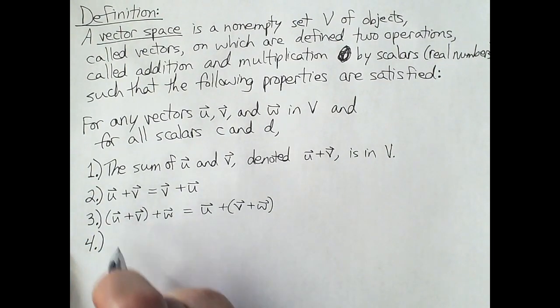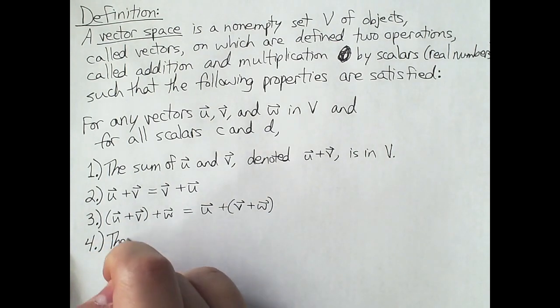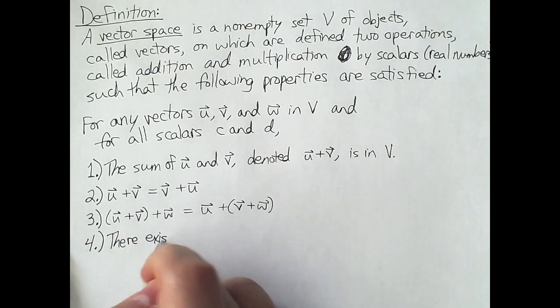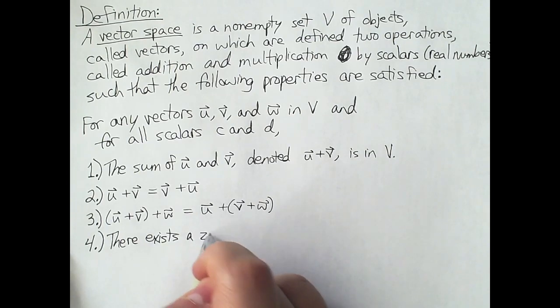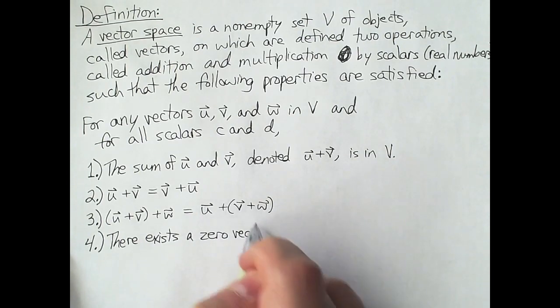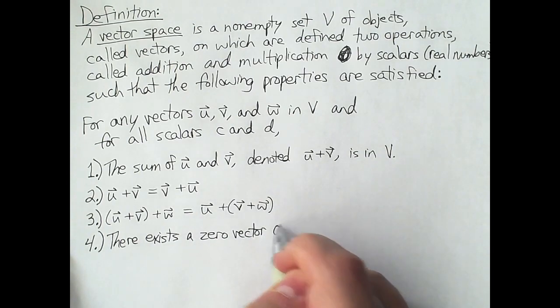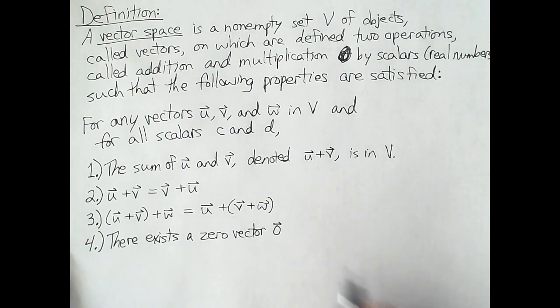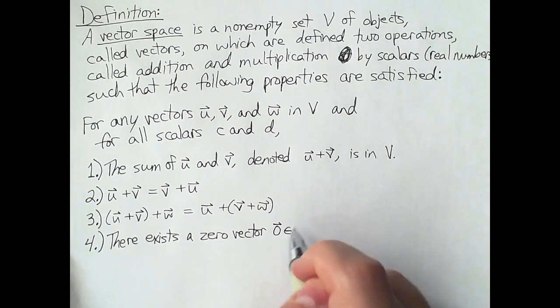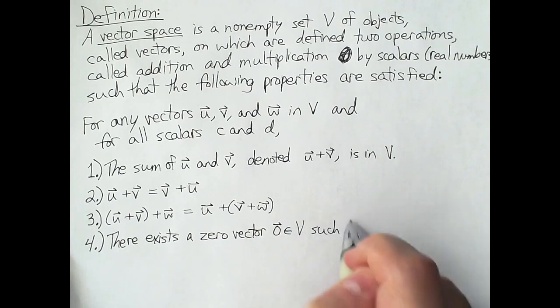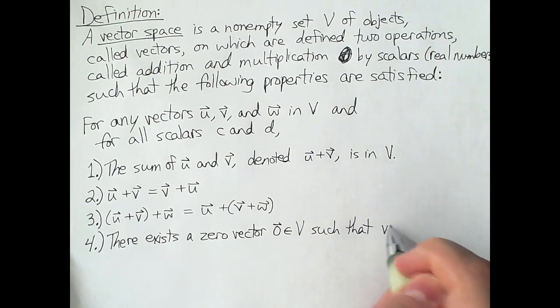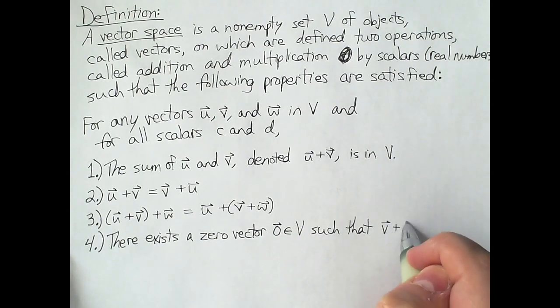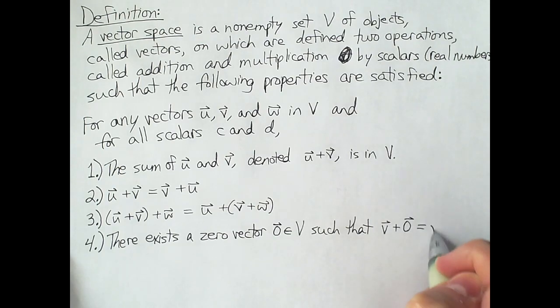Property number 4. There exists a zero vector, denoted by 0 with the vector symbol above it, in V, such that v plus the 0 vector equals v.